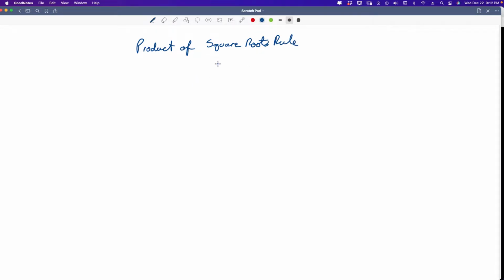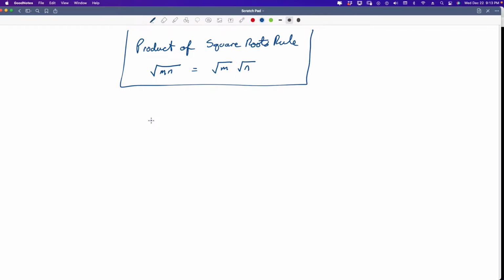If you have any non-negative numbers, so positive numbers, if you have the square root of m times n, then you can separate it into the square root of m times the square root of n. Okay? So what that means, that's your example.